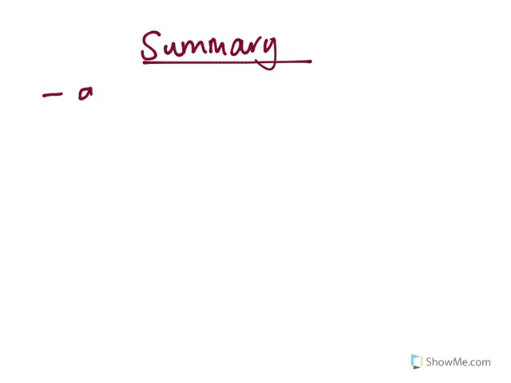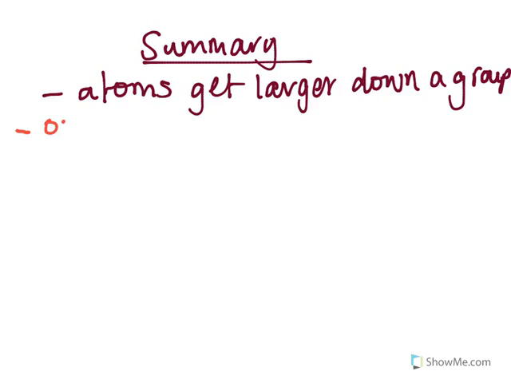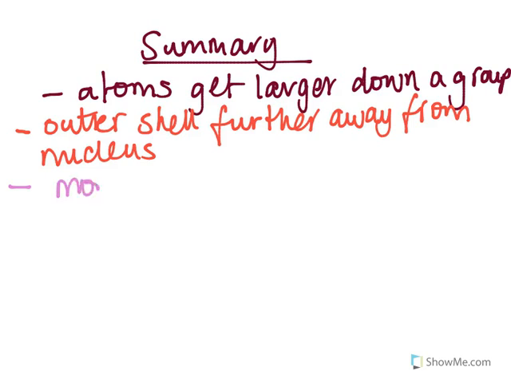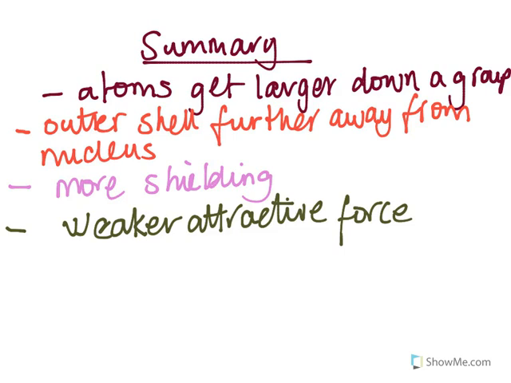So in summary, the atoms get larger down a group, thereby the outer shell is further away from the nucleus. There is more shielding of the outer shell from the nucleus. All of this results in a weaker attractive force between the nucleus and the outer shell.